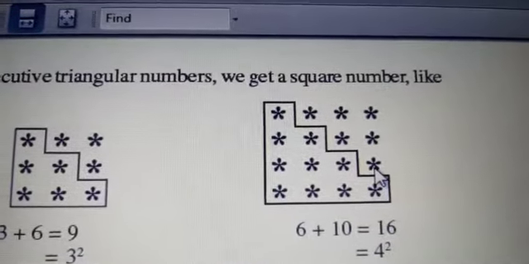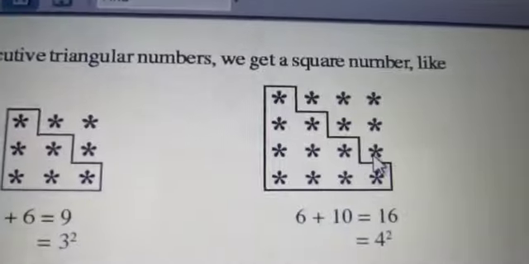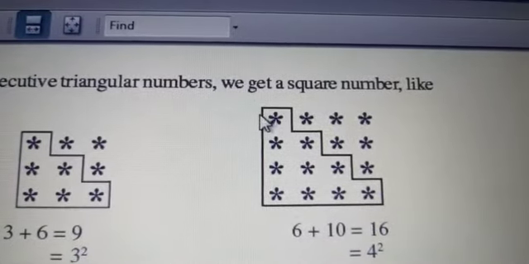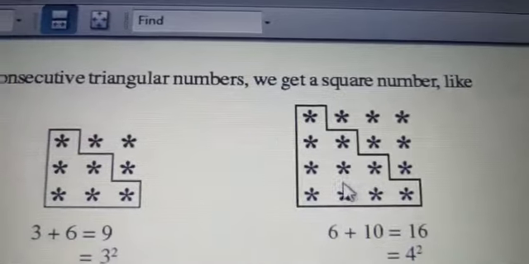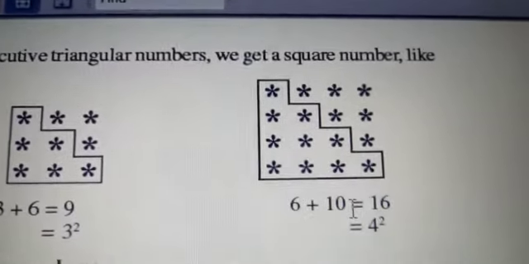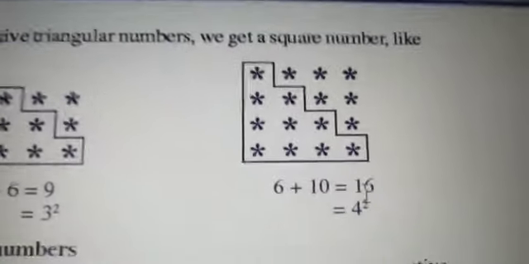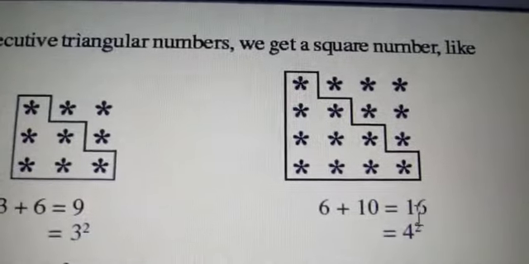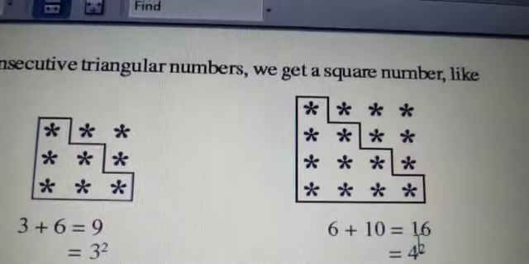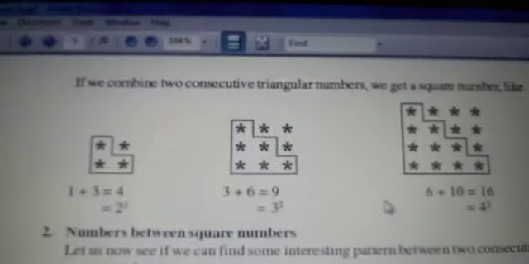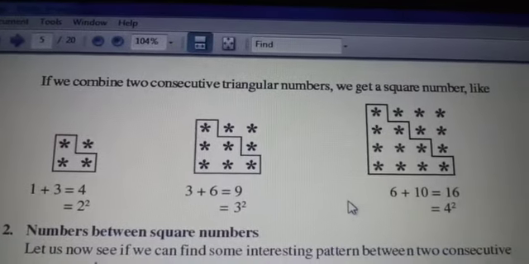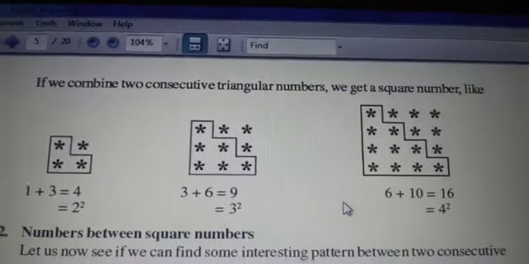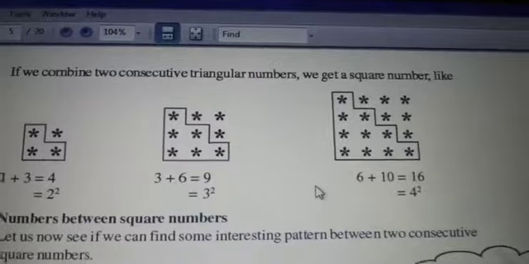So totally, 6 numbers to make this shape one square. 10 plus 6 is equal to 16. So 16 is what actually? 4 squared, which is a square number. So we can make consecutive triangular numbers form a square number. We can make the triangle shape into a square by filling the extra dots.